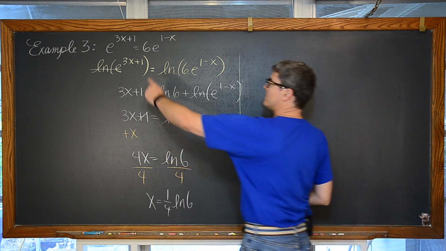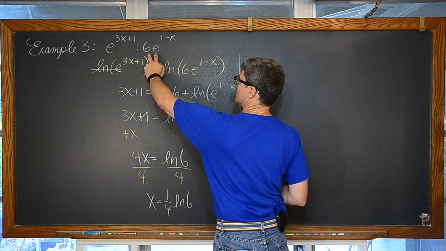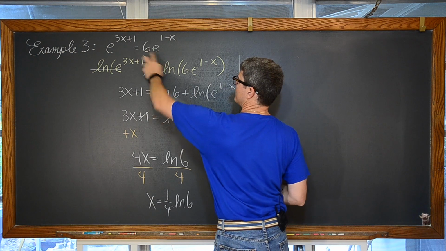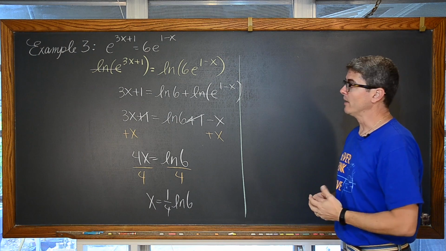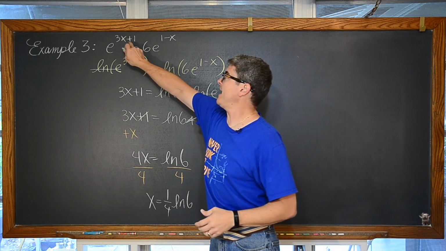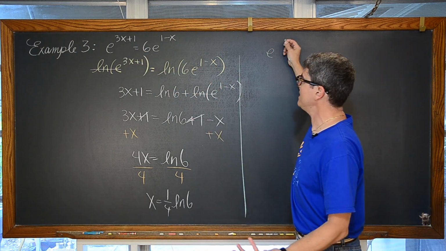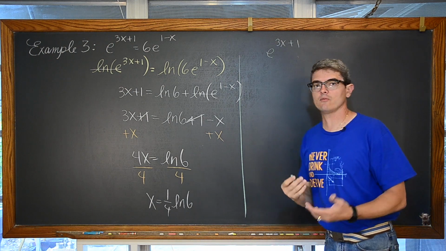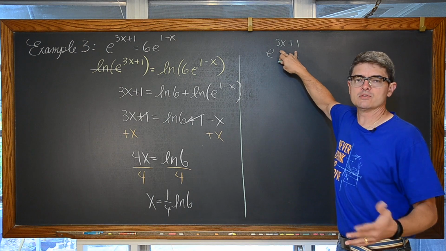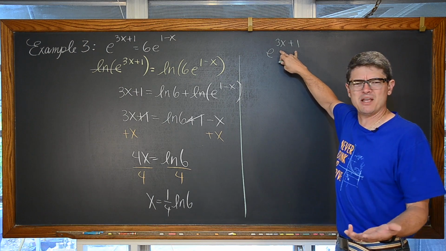So if it really confuses you or stumbles you that this e has some kind of coefficient on it, you could do this and go, well, let's try and separate a different way. When do you add exponents? Like you have e to the 3x, and then within that exponent, you have an addition of 1. Well, you add exponents when you multiply like bases, right?